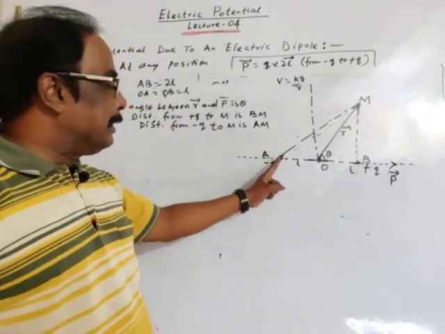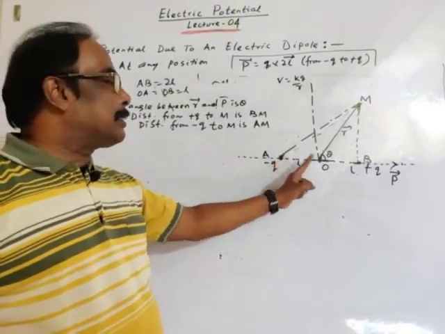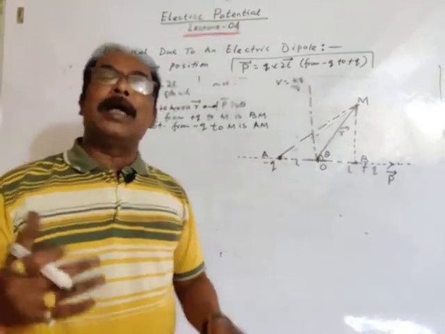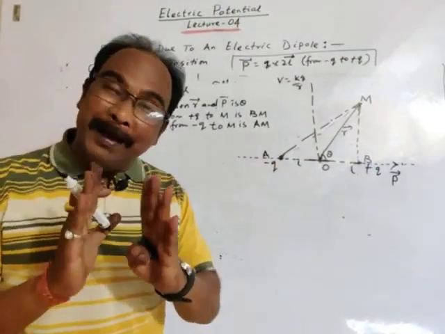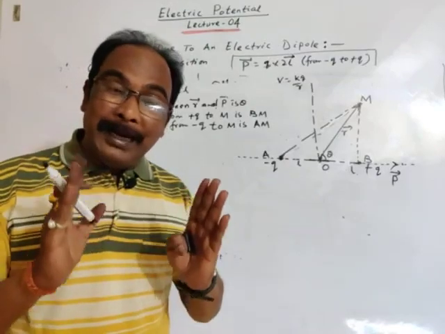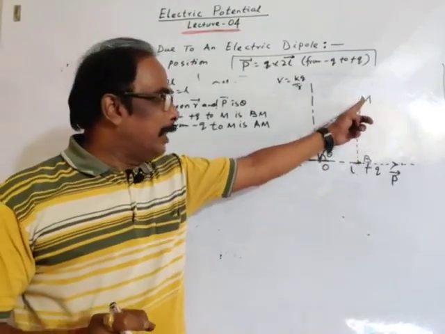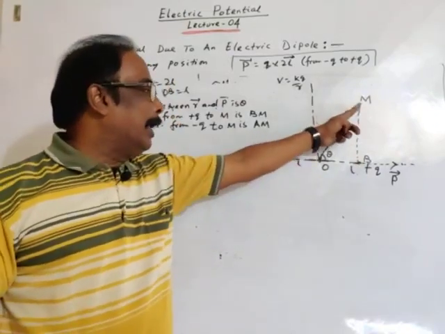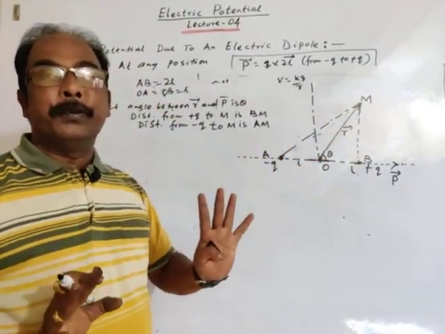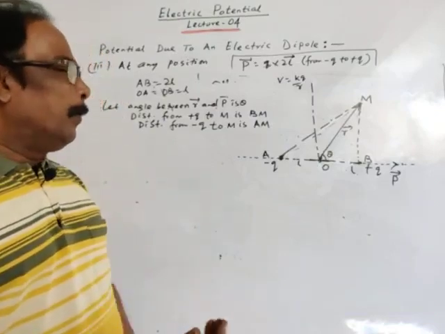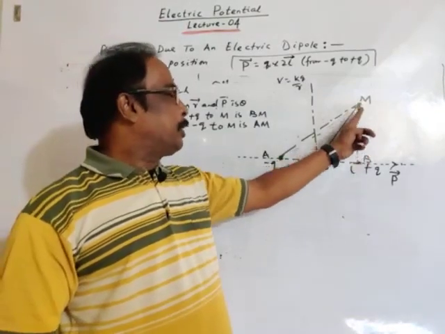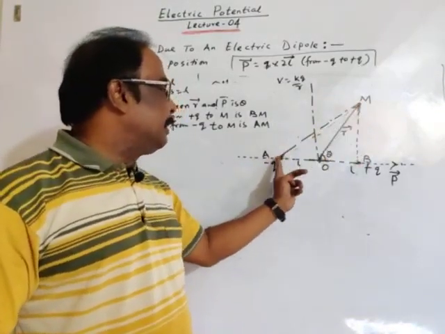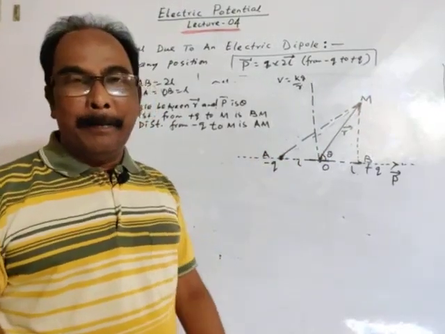We may consider minus q as a point charge and also plus q as another point charge. So separately, first let's take potential at point M due to plus q and potential at M due to minus q. Okay. But we don't know the expression for BM and the expression for AM.